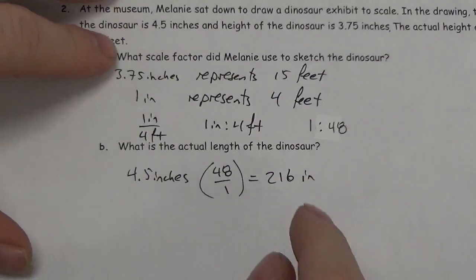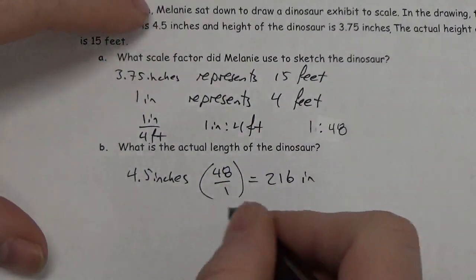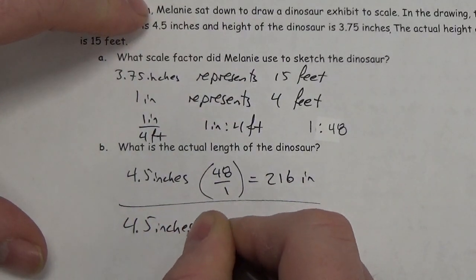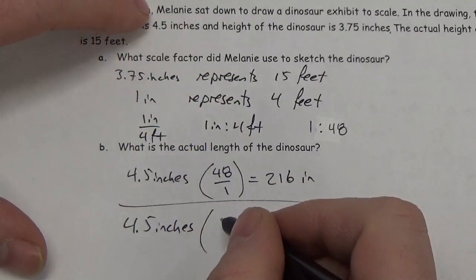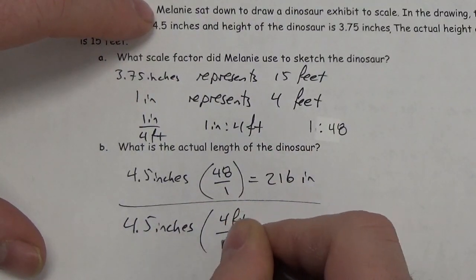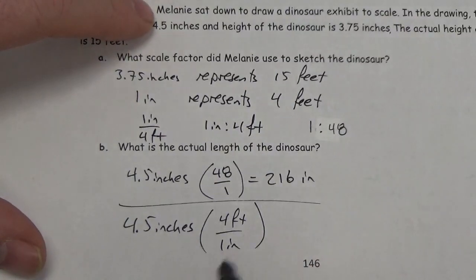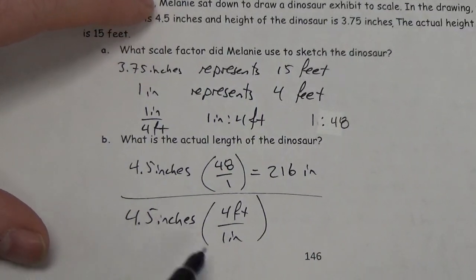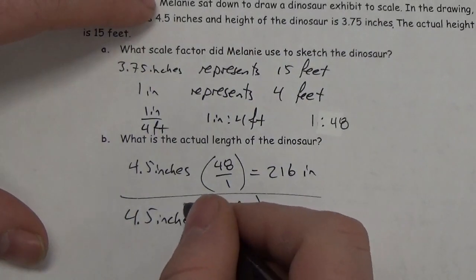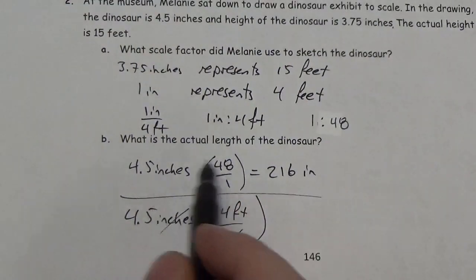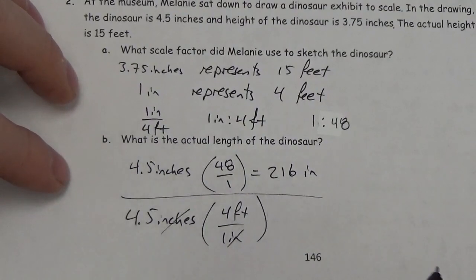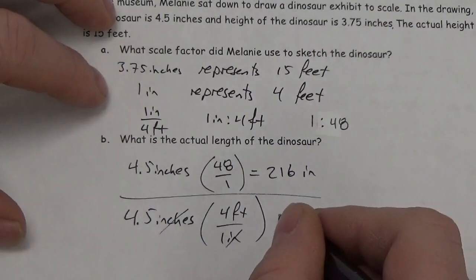In this particular case, it might have been better to say 4.5 inches, and then use that other comparison, 4 feet to 1 inch. And here, the inches will cancel. See, now I really do need to use the units here, because I want my inches to cancel. Here it didn't matter, because all this was going to do was change the number of inches. Here there's a bit of a conversion.